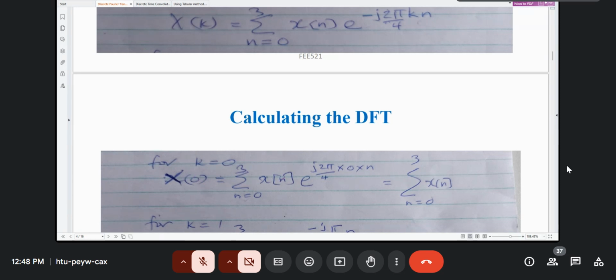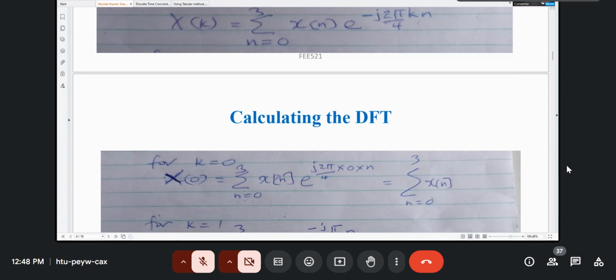It is straightforward because of k equal to 0: anything to the power of 0 is 1.